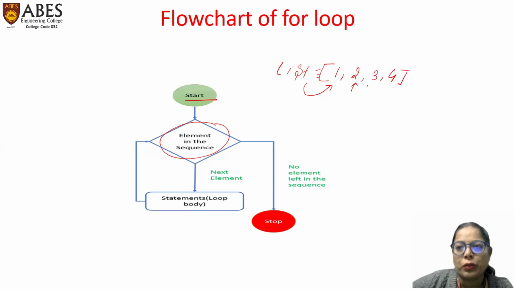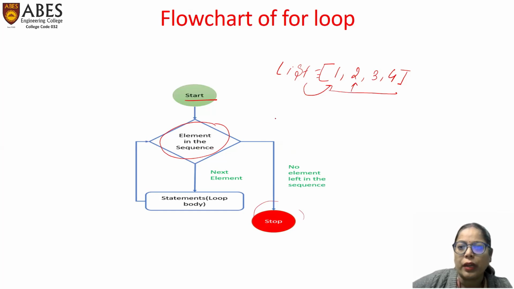Similarly, again it will check the same thing. The same thing is repeated. It will get the value 3, and the same thing is repeated again. Then it finds another element, 4. Once all these elements have been printed, it checks that no element is left in the sequence, and it stops.